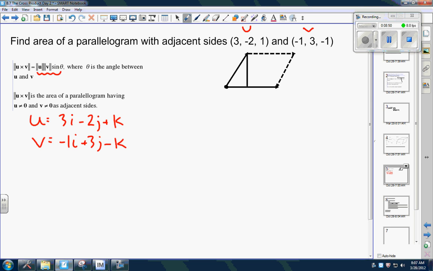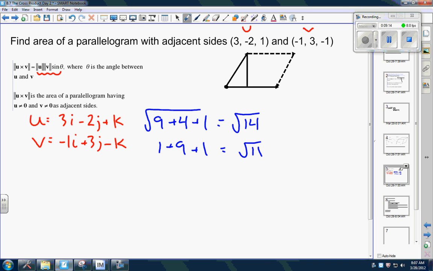I need to find magnitude of u. So that's 9 plus 4 plus 1. I need to square root that, so it's square root of 14. I think we've seen that one before. I need to do magnitude of v, so 1 plus 9 plus 1. So that's square root of 11.